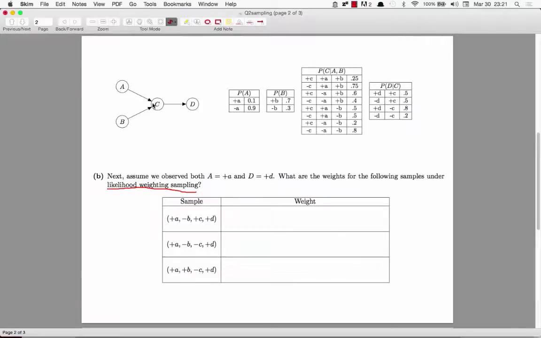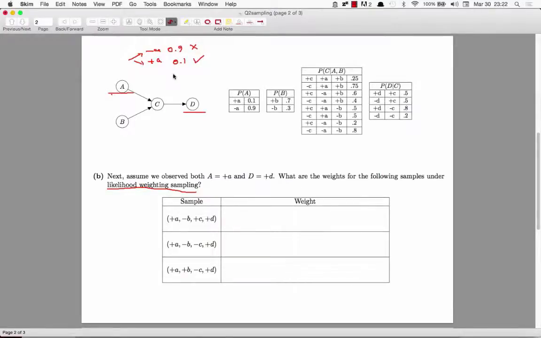For instance, in this question, we have two observed variables, which are A and D. What we saw in the previous part in rejection sampling was that we were actually sampling the variable A. So when we reached A, we could have sampled either minus A with probability 0.9, or plus A with probability 0.1, and the ones that corresponded to minus A essentially ended up being useless, and we just kept the others.